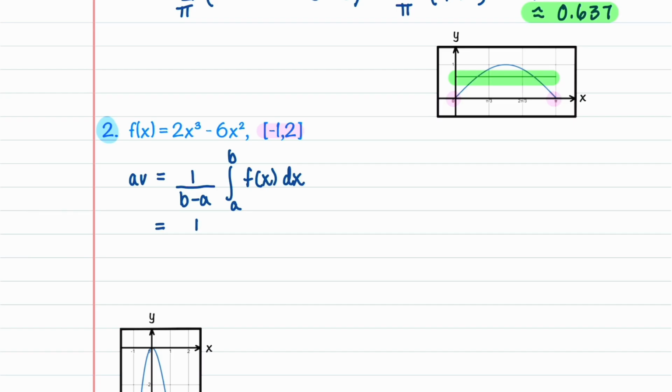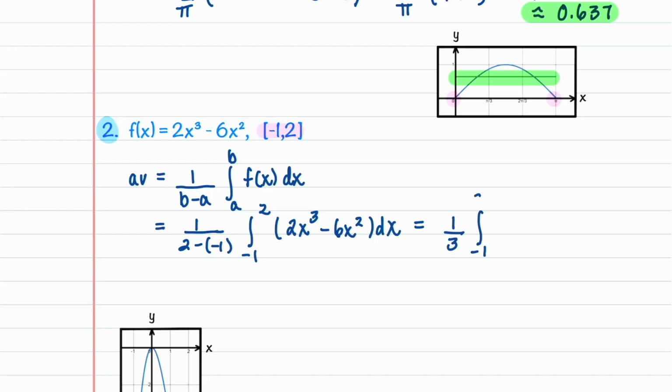Now let's plug in that b is 2 and a is -1. So this is 2 minus a -1. We have the integral from -1 to 2, and the function that we're integrating is 2x cubed minus 6x squared dx. This is equal to 1/3 the integral from -1 to 2, and we have 2x cubed minus 6x squared dx.